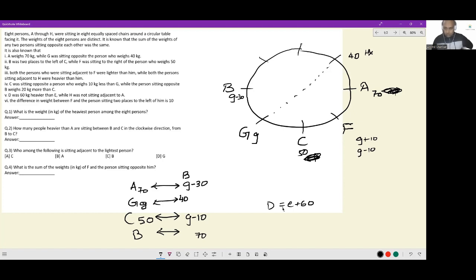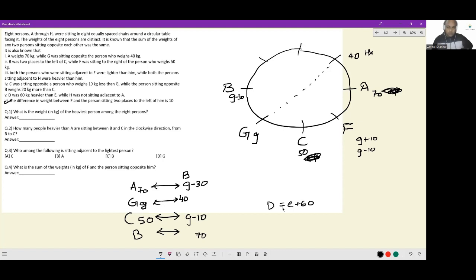Okay. Now this is taken care of. If H is not sitting adjacent to A, H can be here or H can be here. One of these two spots.